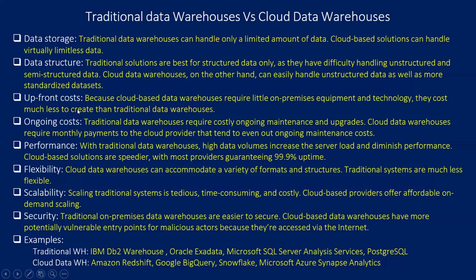All these parameters are drawbacks or limitations if I use a traditional data warehouse like IBM DB2, Oracle, Microsoft SQL Server, or PostgreSQL. But all these limitations can be overcome if I use a cloud data warehouse.